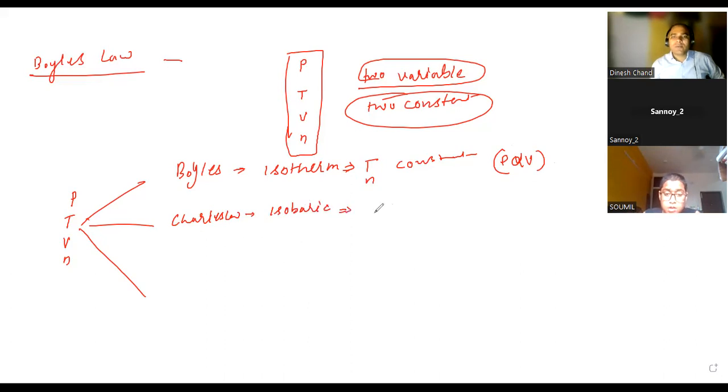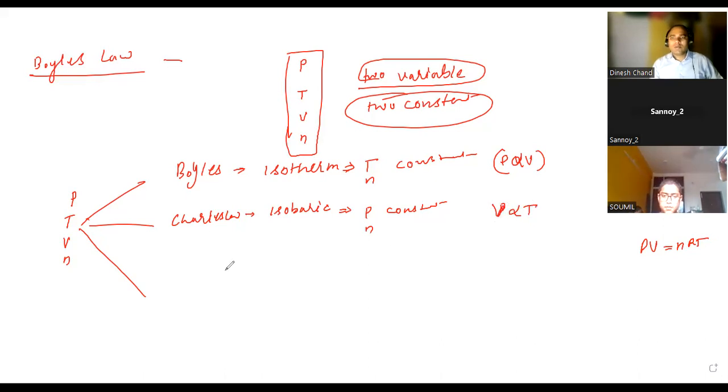Isobaric means pressure is constant, along with the number of moles. From PV = nRT, since the pressure is constant, V is proportional to T. Is it okay?